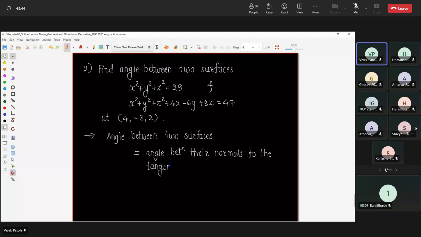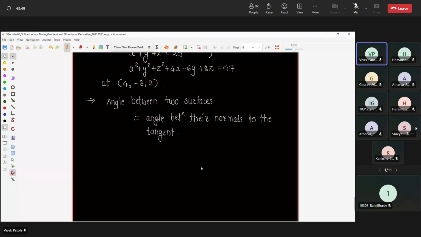So this is the property, because angle will be evaluated between two lines only, right?